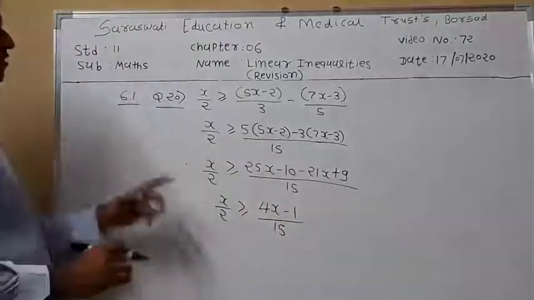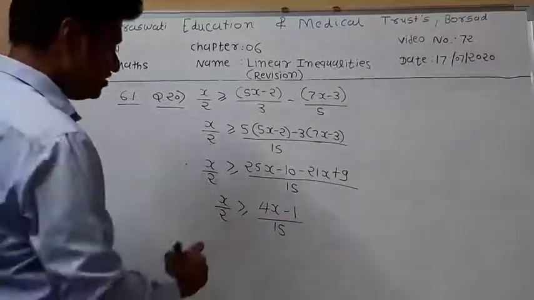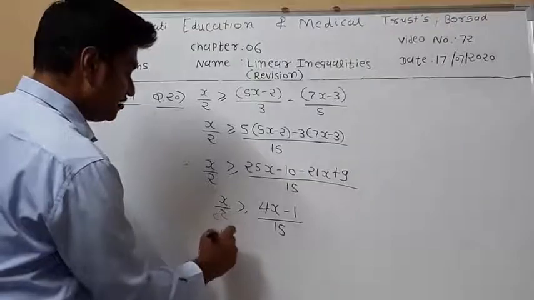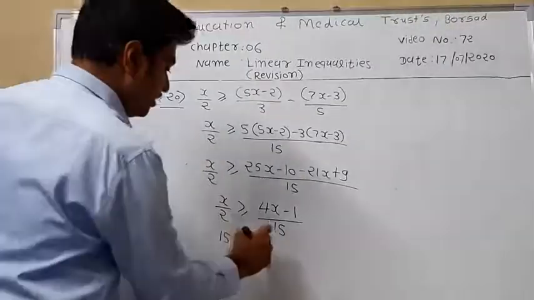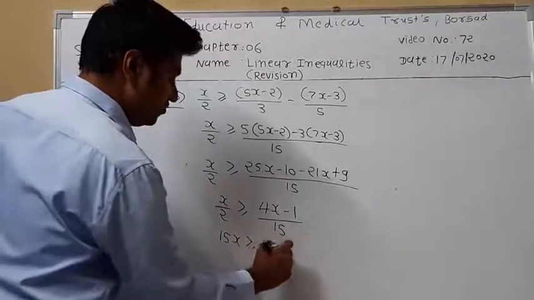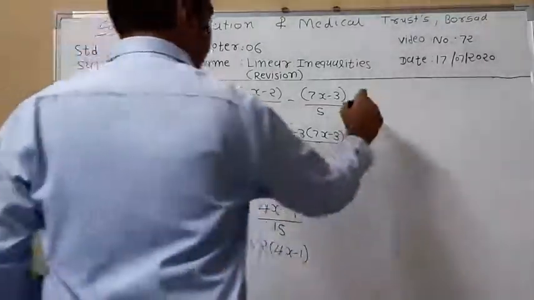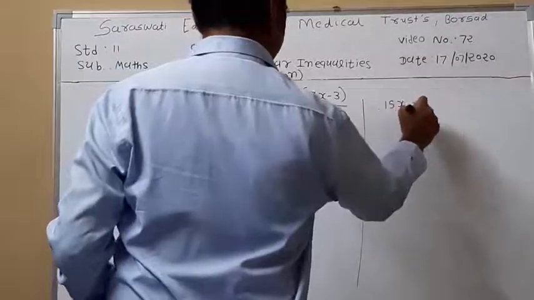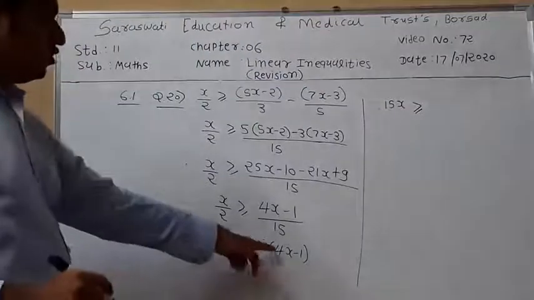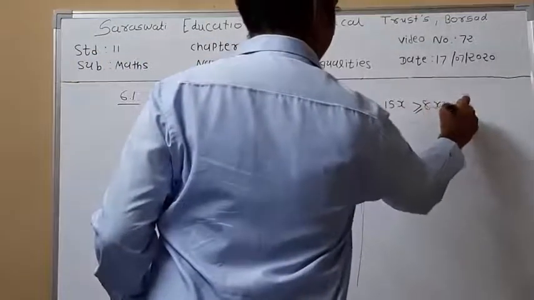Now 15 multiplies x and 2 multiplies 4x minus 1. So 15x greater than or equal to 2 into bracket 4x minus 1. After opening the bracket, 15x greater than or equal to 8x minus 2.